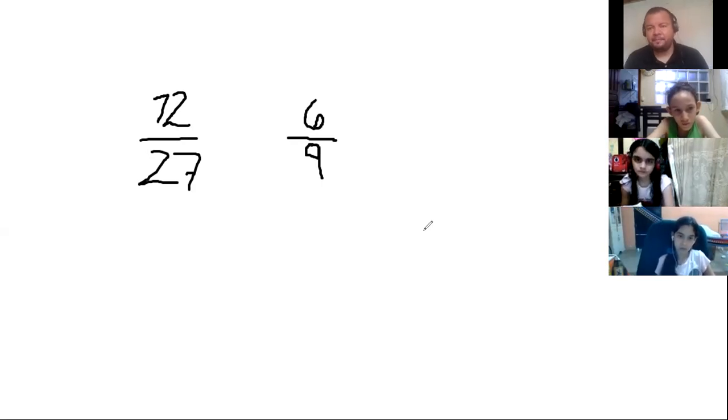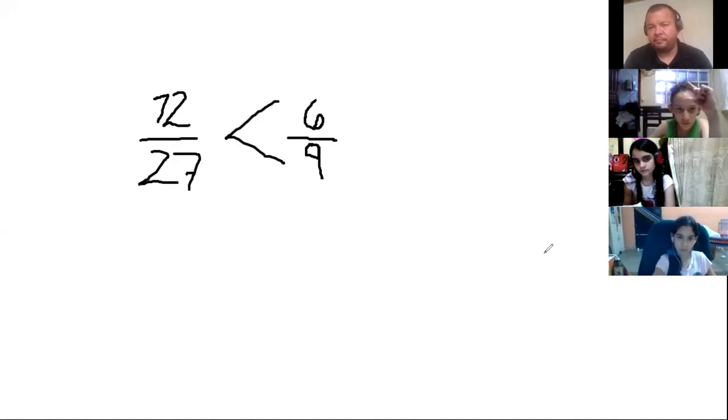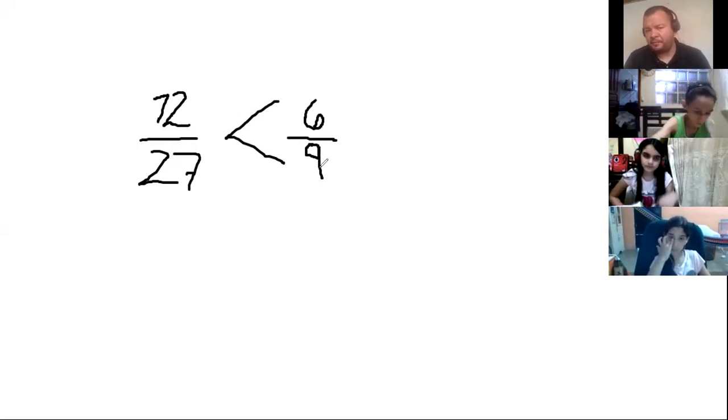Is it bigger than, less than, equal? No, it's not bigger. You don't pay attention, Eduardo. I said the bigger the number, the less it is. 12/27 is less than 6/9.